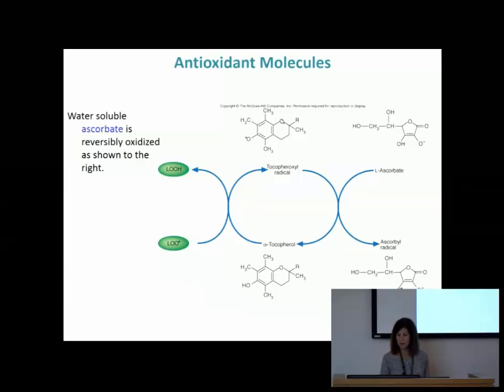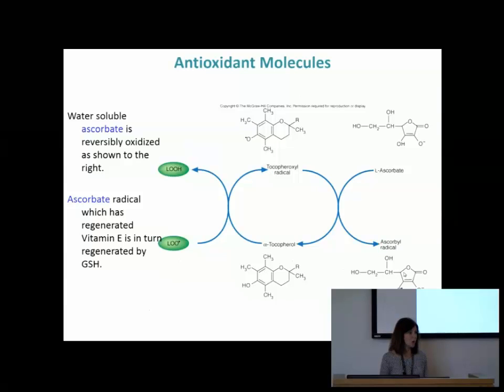Well, luckily, vitamin C, which is water soluble, will pick up that radical from our vitamin E and then can be excreted out. So I want you to know that vitamin E, or alpha tocopherol, will resonance stabilize the radical right here, but because it's lipid soluble, it can't be excreted, so it passes the radical onto vitamin C that can be excreted. That I think is pretty cool.